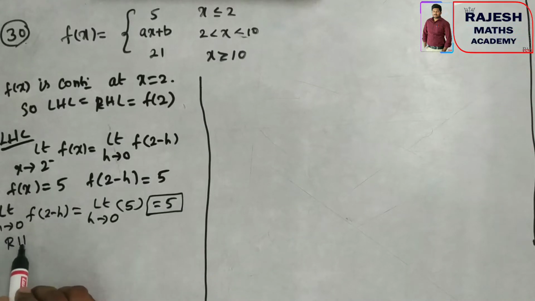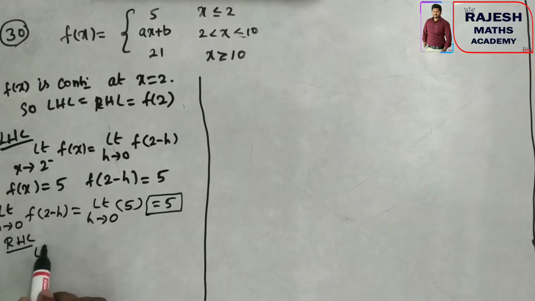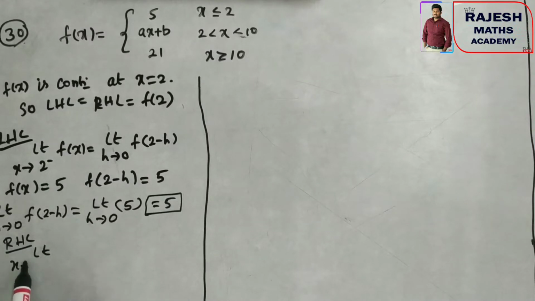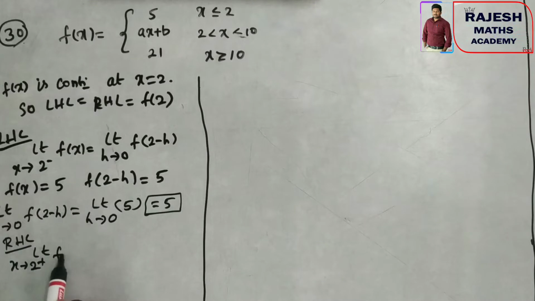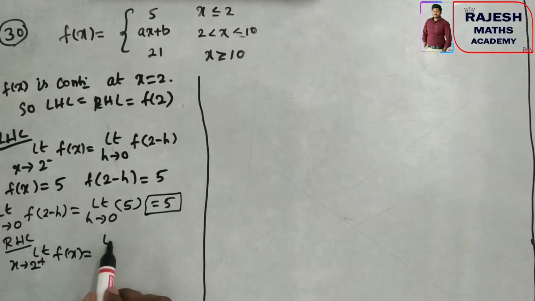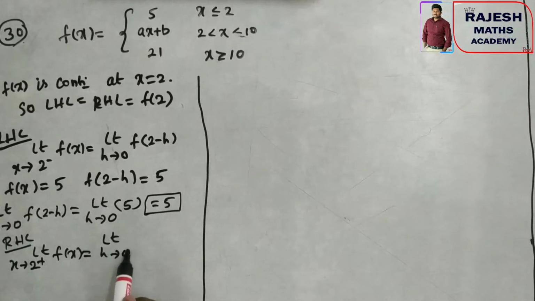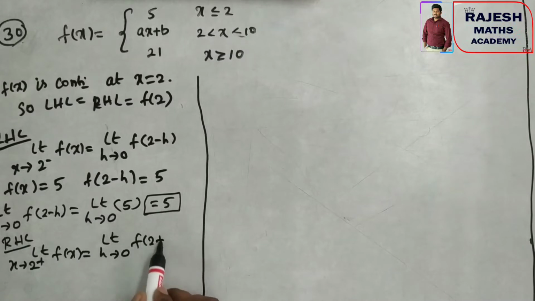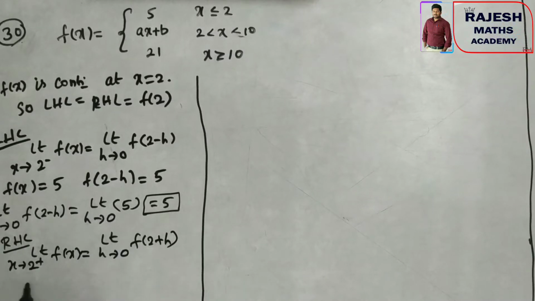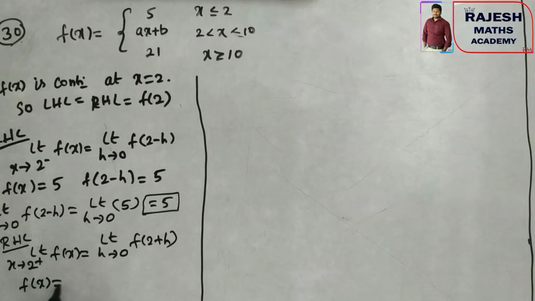What about RHL? Definition of RHL: limit x tends to 2 plus f of x is equal to limit h tends to 0 f of 2 plus h. So for f of 2 plus h, what is the f of x value in this case? In the greater than 2 case, the value is ax plus b.